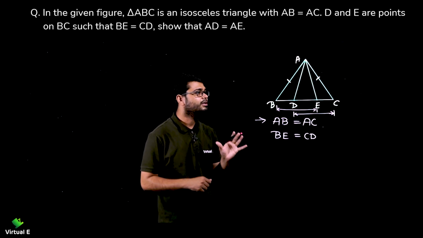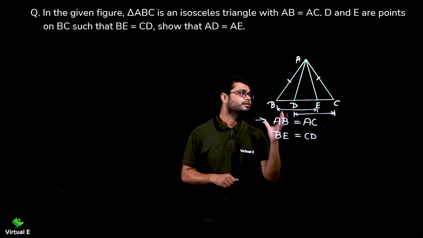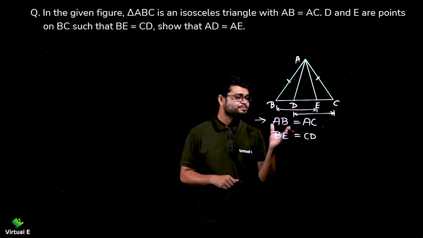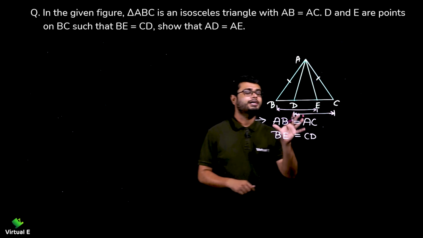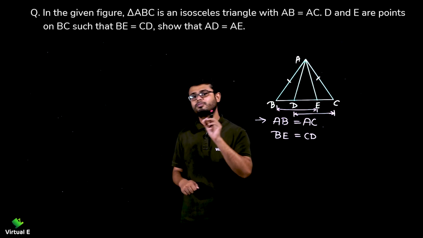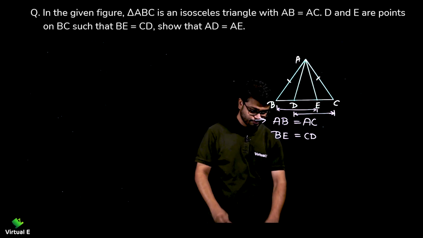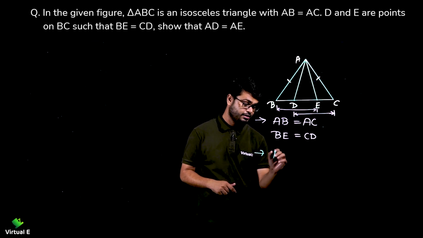So remember, we are going to use the congruency criteria. First of all, let's talk about the conditions. We can see very well over here that we have two sides equal. Now we need to identify which two triangles we need to prove congruent. Let's start from what we need to prove: AD is equal to AE.